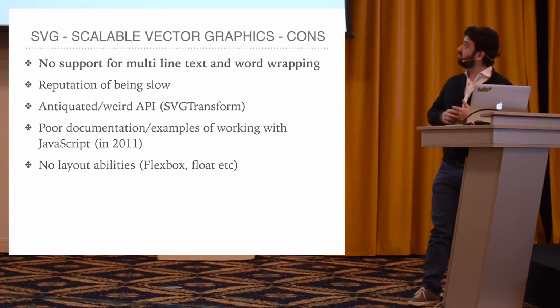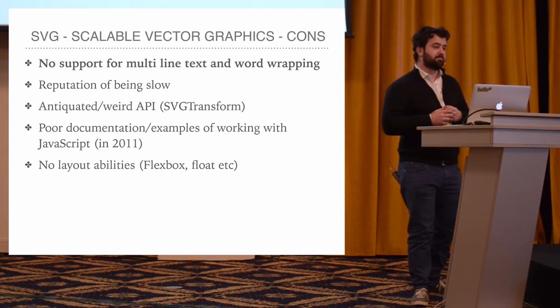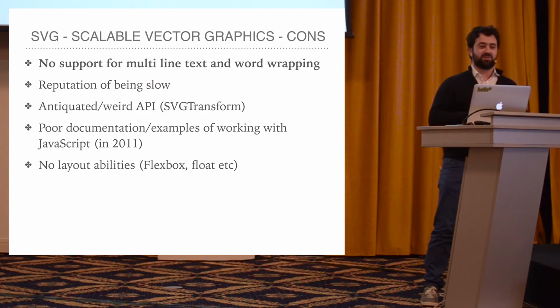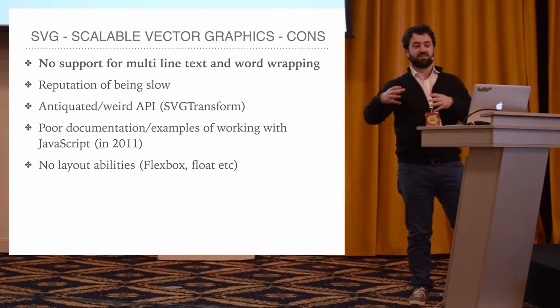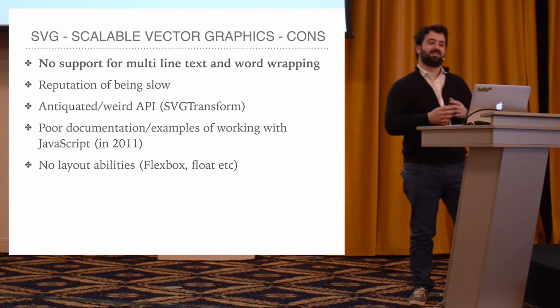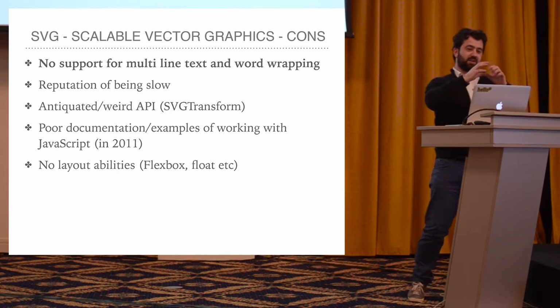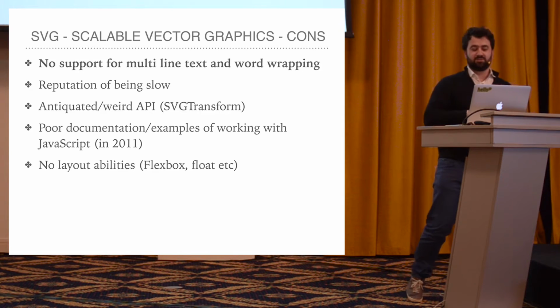It has no support for multi-line text and word wrapping. Same as the previous presenter. The previous presenter outlined the text in Illustrator, and it's actually vectorial. It's not actually text. It's SVG shapes converted from text. And that's for very good reason.